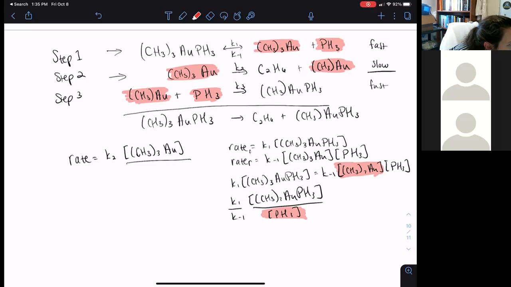Do they not have that one in here? No. Oh, okay, here we go. Yeah, they did. They left the PH3 in here.